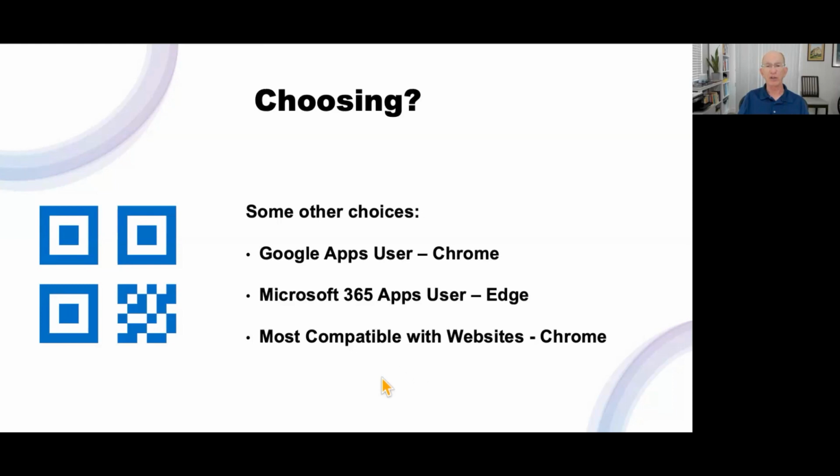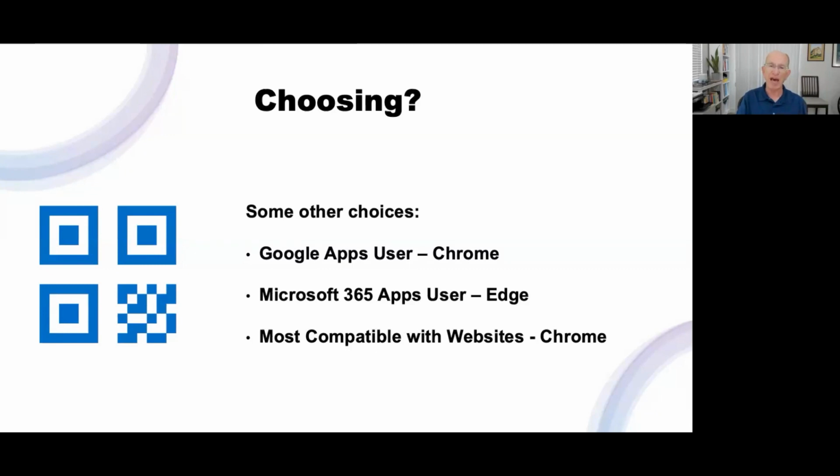Now, one of the other challenges in using websites is that sometimes you may call a service for help, say your bank, and you say, I'm having trouble getting to my website using something here. And they'll ask you, well, what browser are you using?